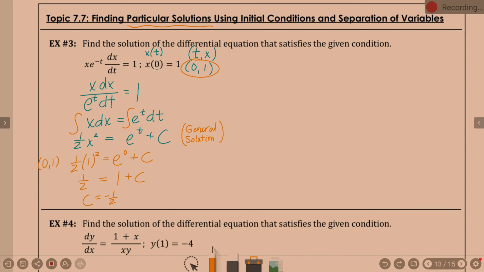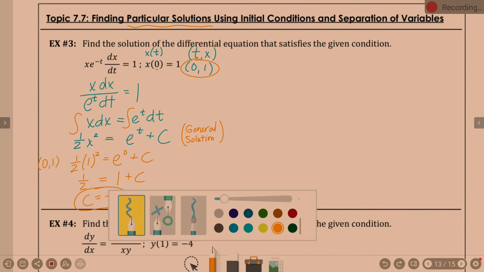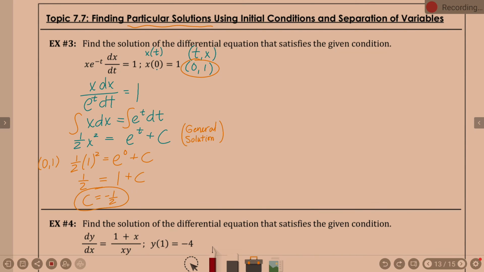Okay, so that's step 2. Step 1, general solution. Step 2, you need to find your c value. Particular solution, put them together. So for my particular solution, what did we have? 1/2 x squared equals e to the t plus c, which is minus 1/2.